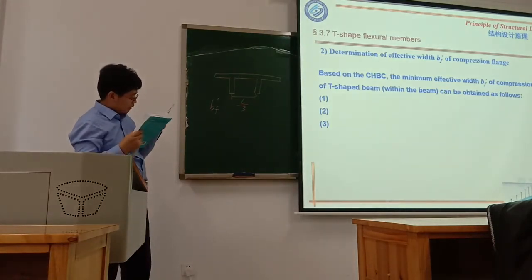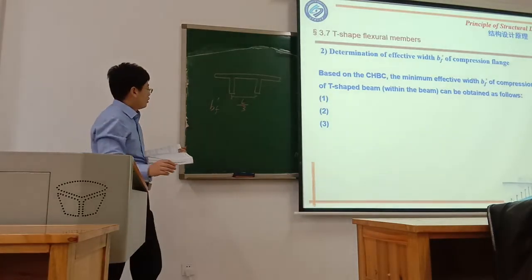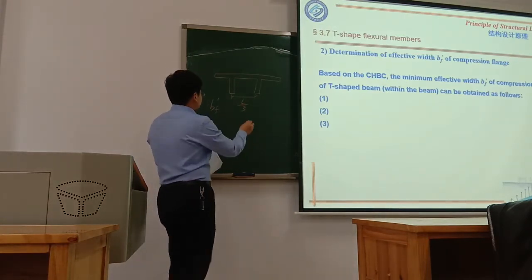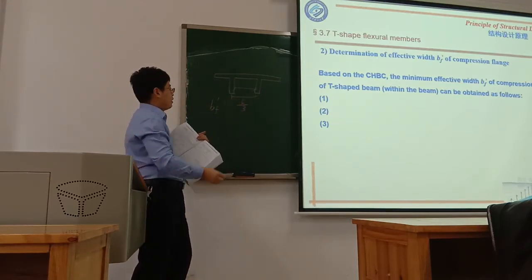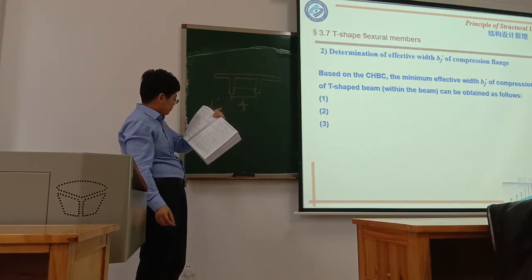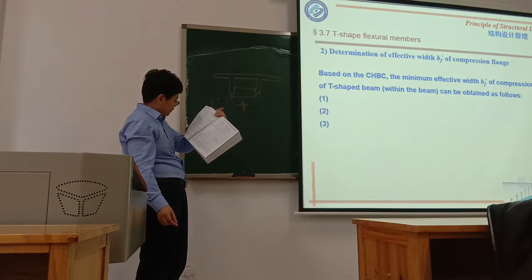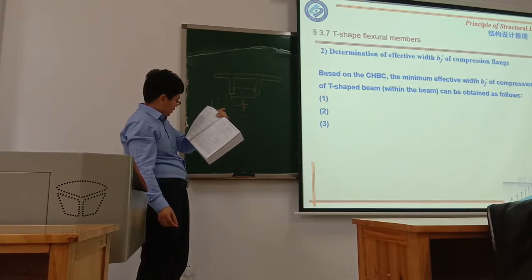And then the second situation is the average distance between two adjacent beams. Use this way. Or the third situation, b plus 2b_h plus 12h_f'.